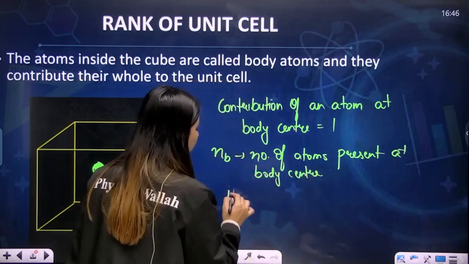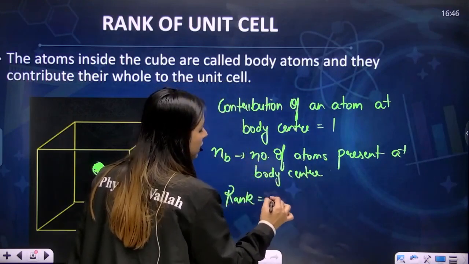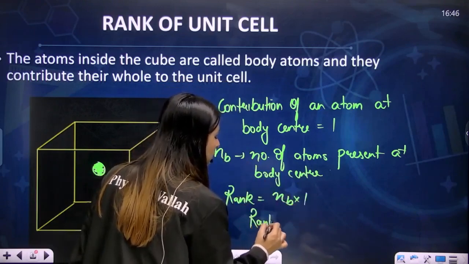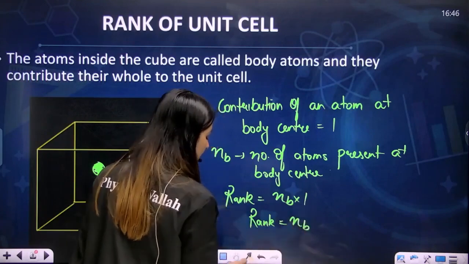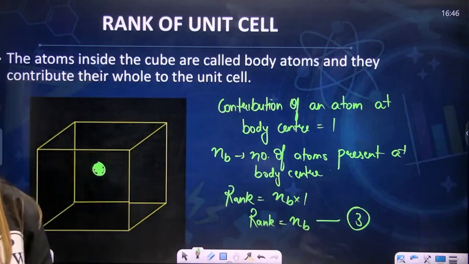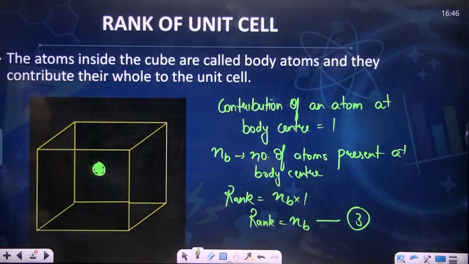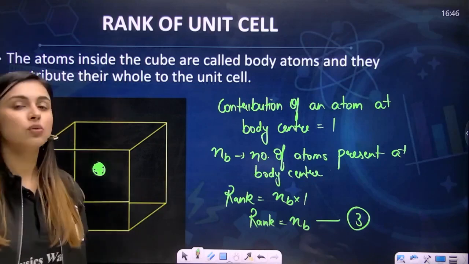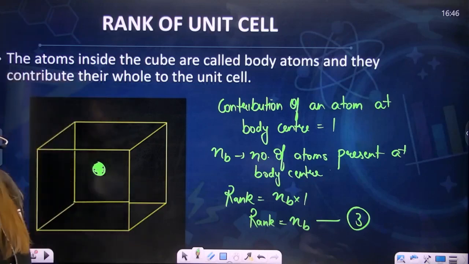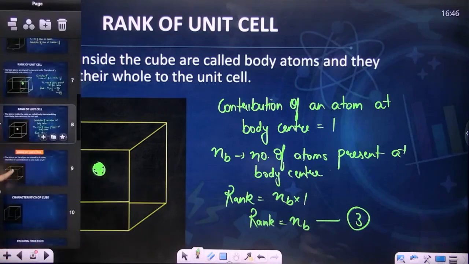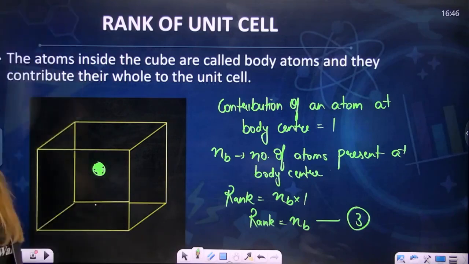So the rank would be NB into 1. So the rank will be NB, right? Let's say this is your third equation. It says the atoms inside the cube are called body atoms and they contribute their whole to the unit cell. I hope you're clear. Please write it down and then we'll move forward. I hope you've written it.